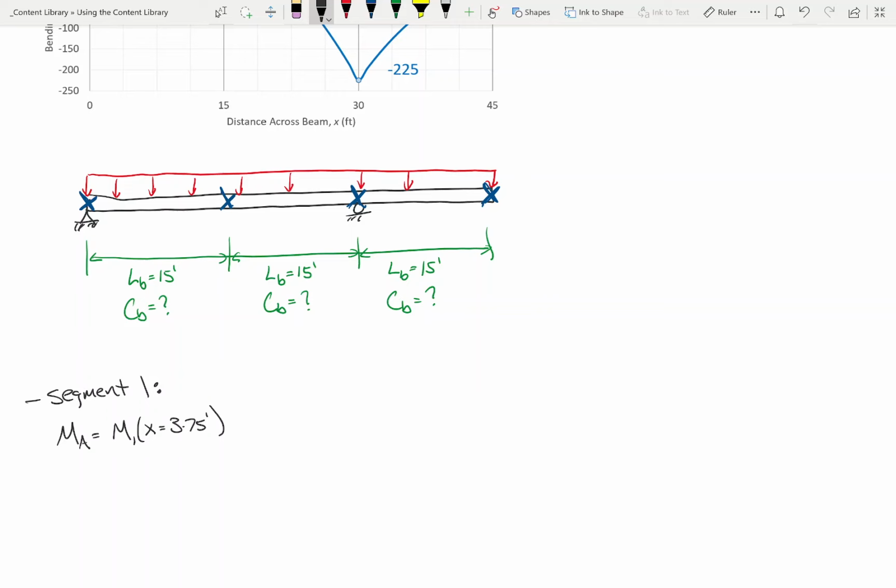I'm going to plug in quantities for these distances in this first moment function. So MB is going to be M1 at X equals 15 over 4, which is 3.75 feet. 2 quarters is going to be 7.5 feet. MC is M1 at X equals, what is that, 11.25? Did I do that right? 3 quarters.